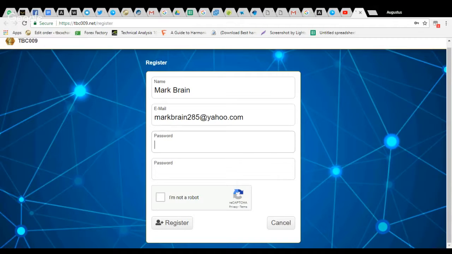Okay, so you click the captcha, I'm not a robot.